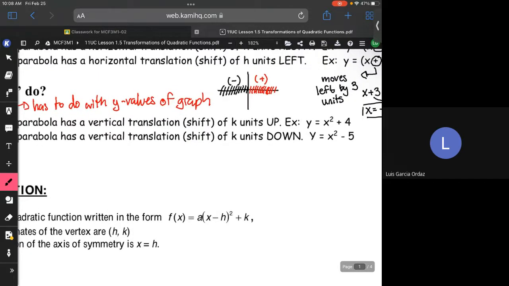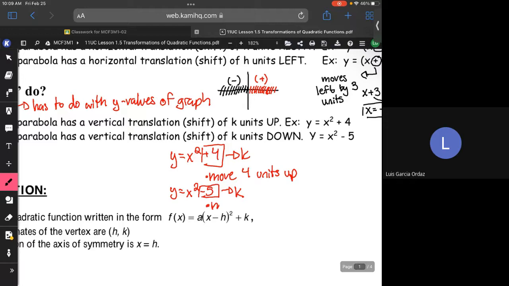For example, the first one, y is equal to x squared plus 4. Because my k is plus 4, that means I move 4 units up. Now, when we do the opposite, when k is negative, so when I have y is equal to x squared minus 5, the negative 5 is my k, and this just means I move 5 units down.